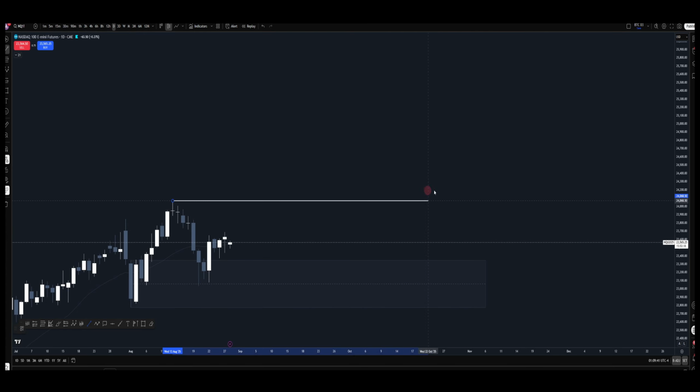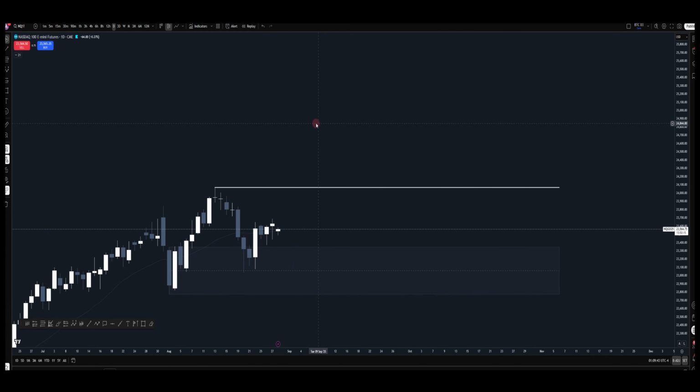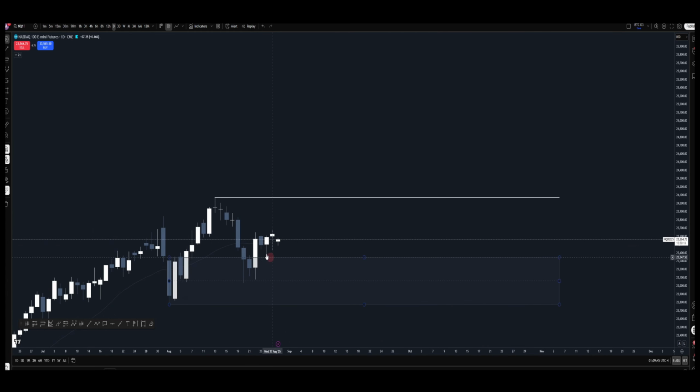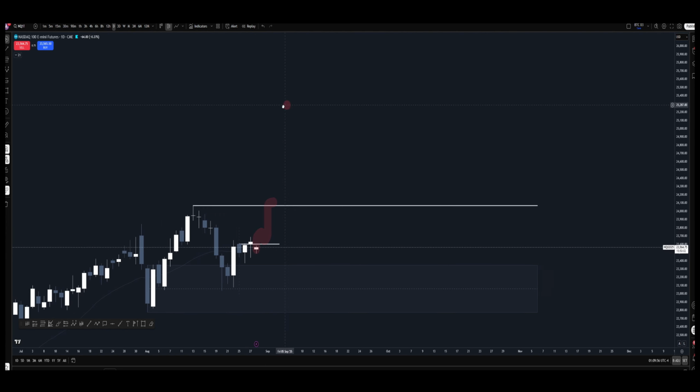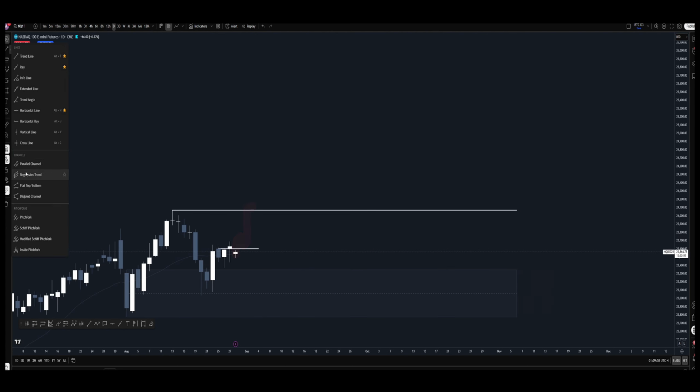I think eyes on buy side for bullish continuation. And once we flip this guy here as well, that will then become the next bullish order block. So eyes on that and the daily SIBI.